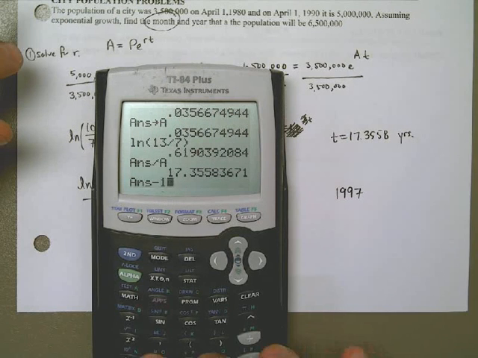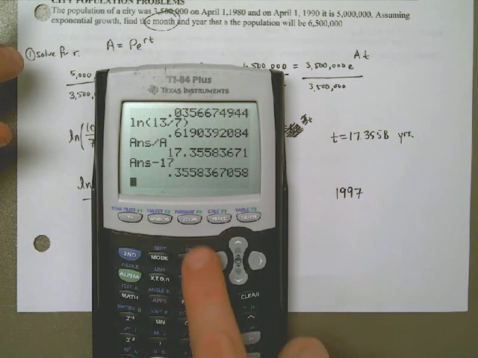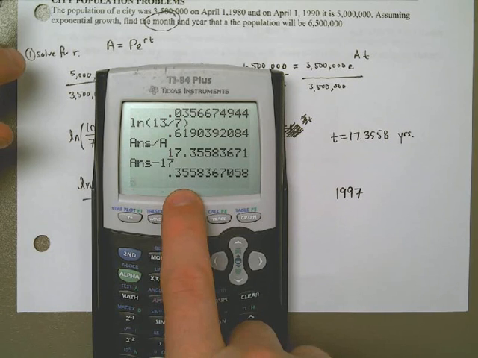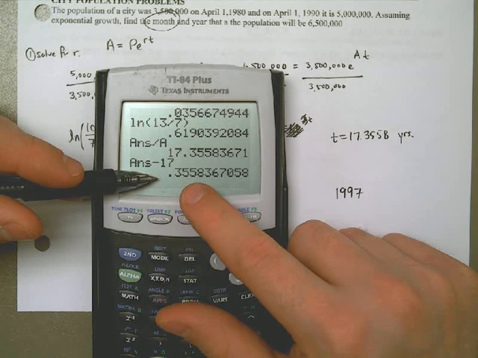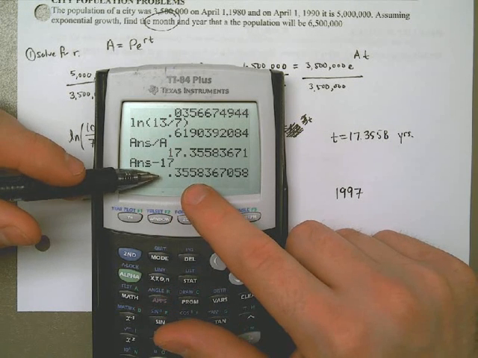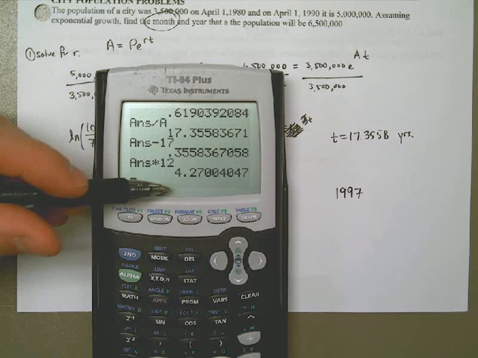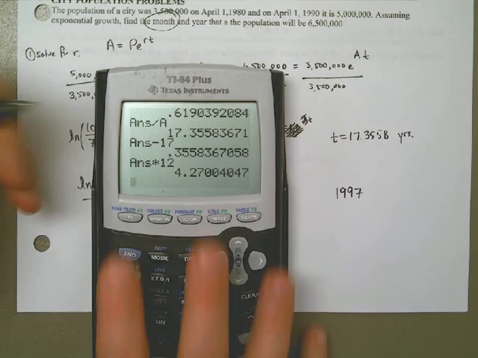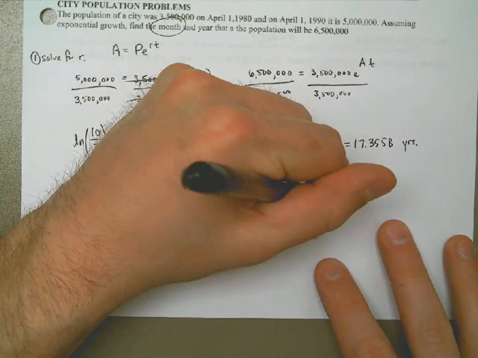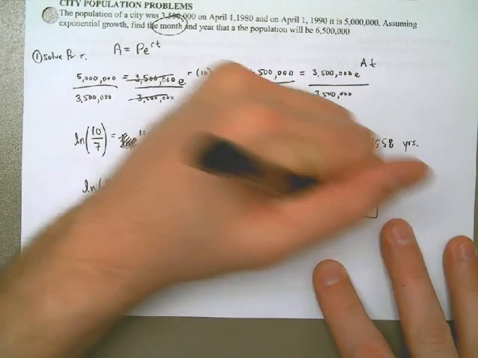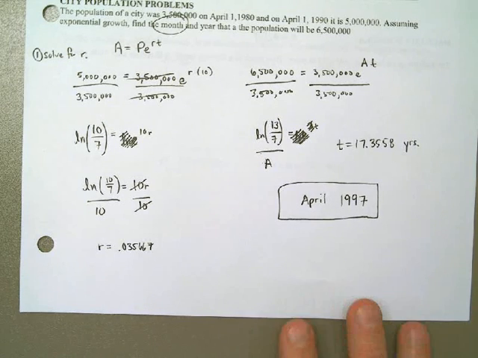I'm 0.3558 of the way through the next year, right? Well, what is that out of 12? If I multiply by 12, it tells me that's the 4th month, about a quarter of the way through the 4th month even. But the 4th month is April. April of 1997 is when it's going to hit 6.5 million people for a population.